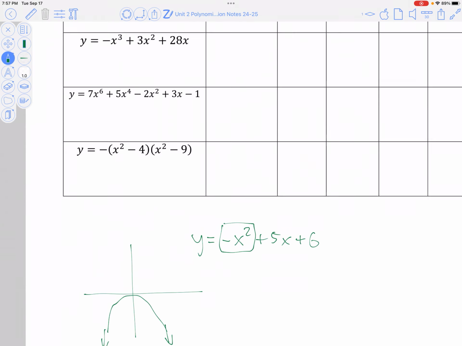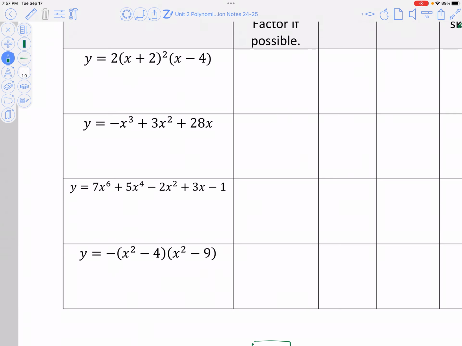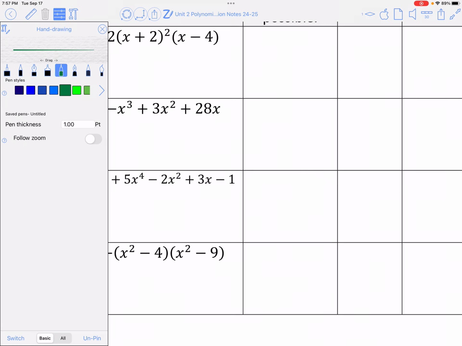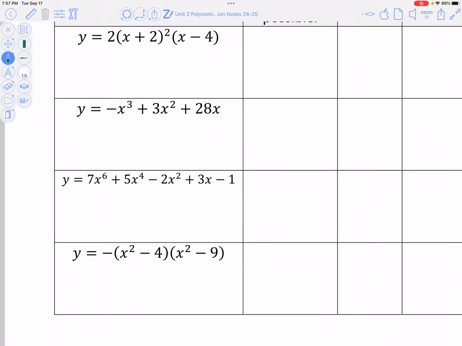All right, so what if you have higher degrees? Let's first, real quick, go through and find the leading term. I do a more in-depth video on this, so go look for that if you need it. The leading term of this one is going to be 2x to the third.